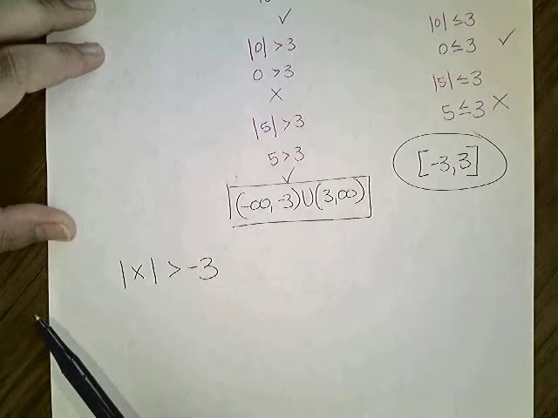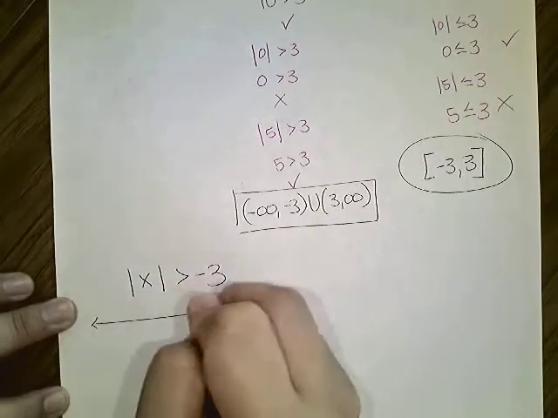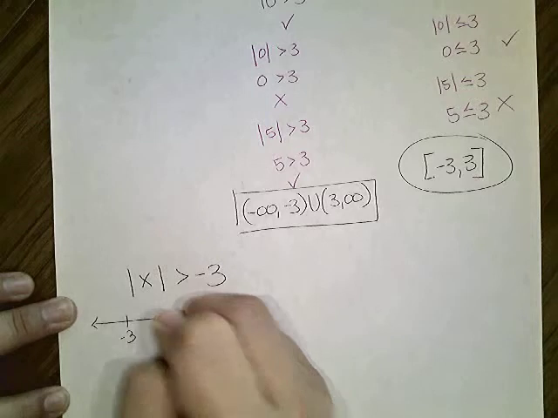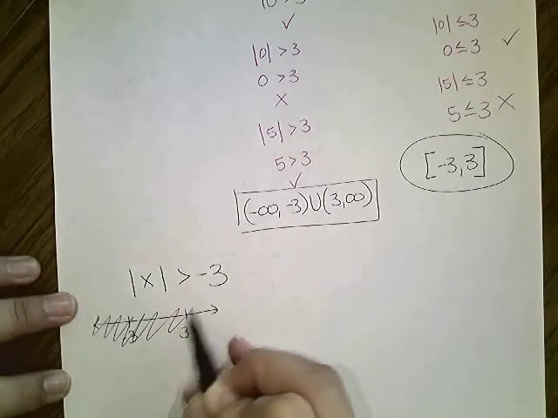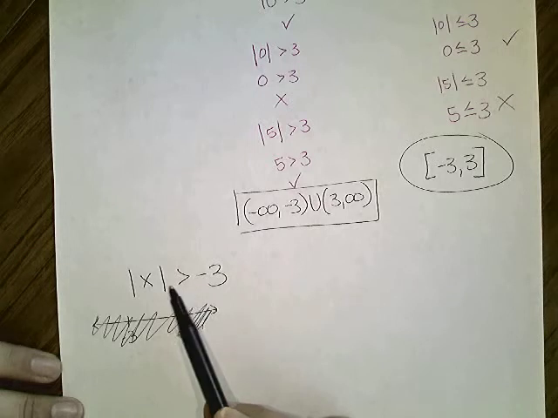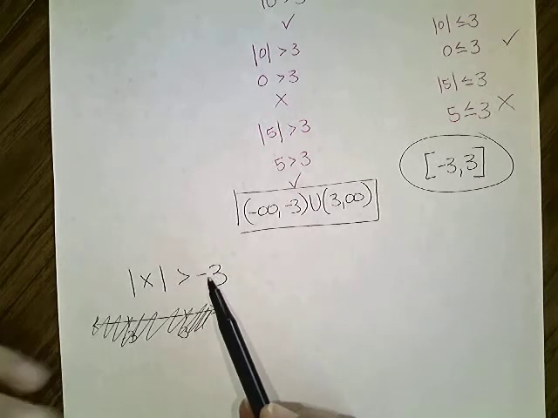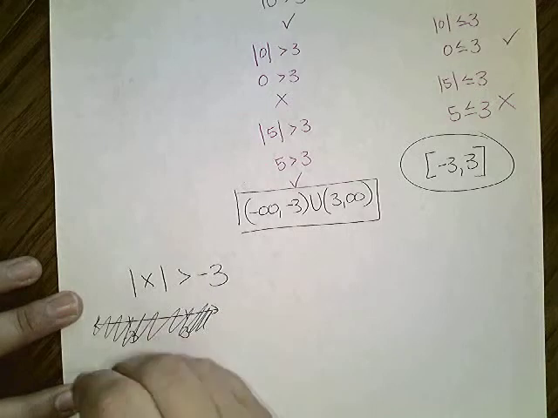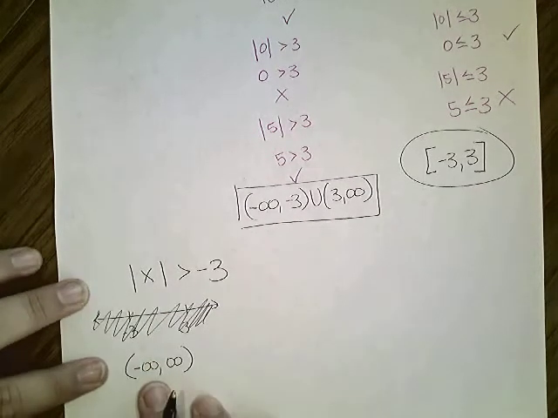When is that going to happen? That's going to happen everywhere. We don't even have to do a number line because we need to be logical. An absolute value is always going to be greater than any negative number. So here we would have all real numbers, from negative infinity to positive infinity.